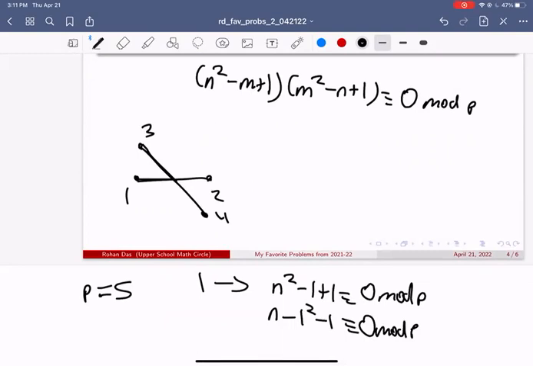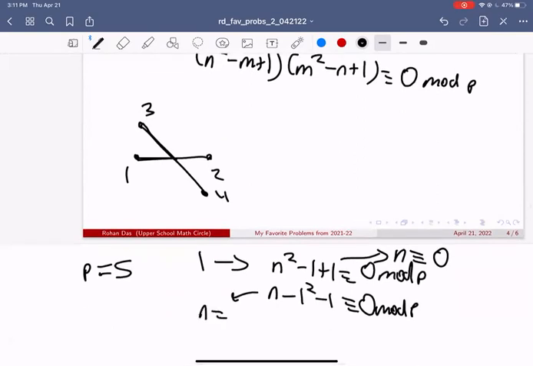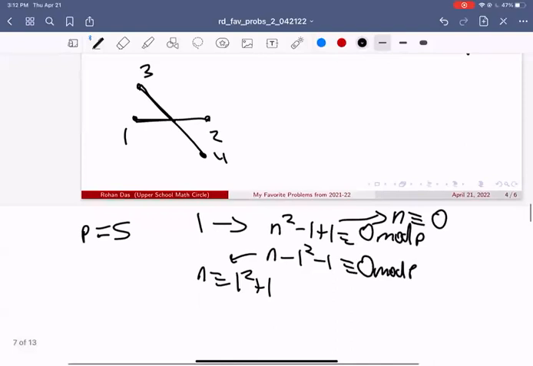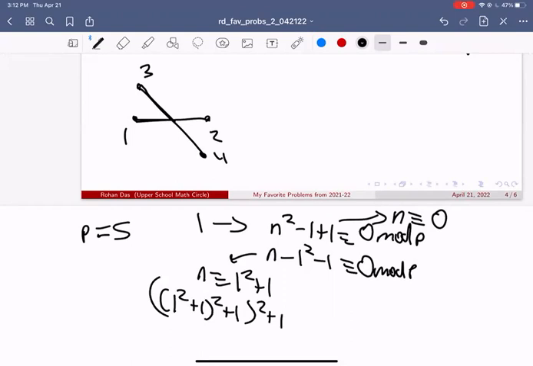So here we have n is congruent to 0, and here we have n is congruent to 1 squared plus 1. And we can continue this for a bit, and we get 1 squared plus 1 squared plus 1, this squared plus 1, and all of those are also connected to 1.